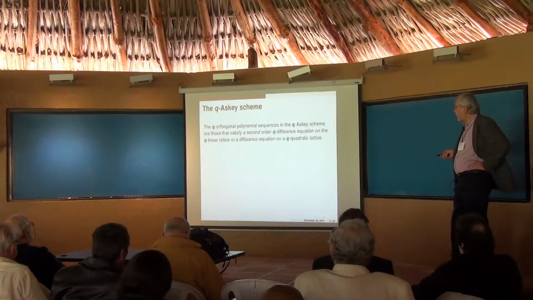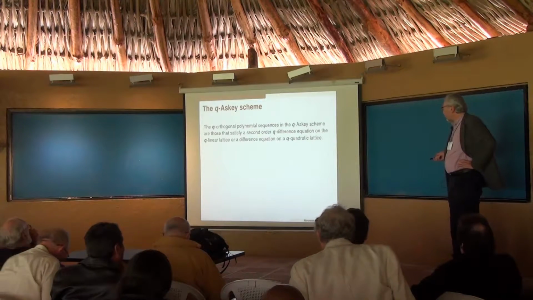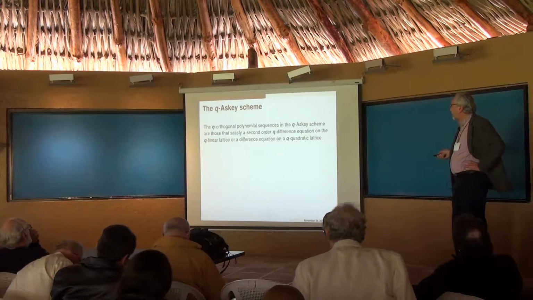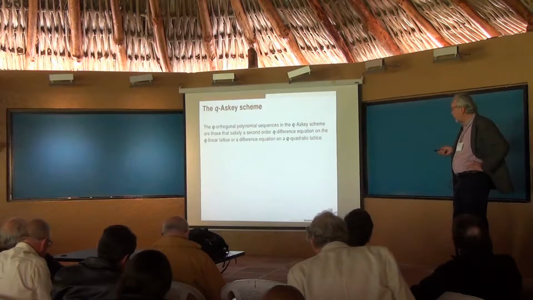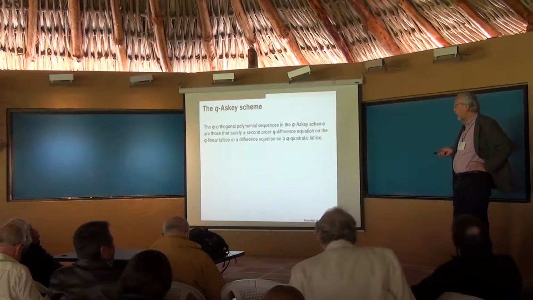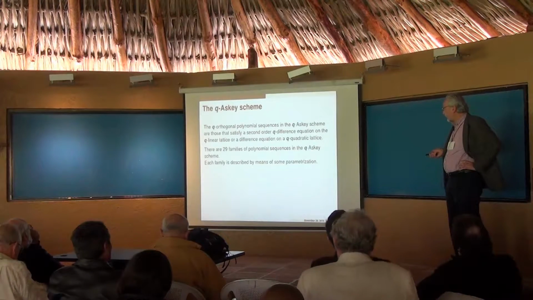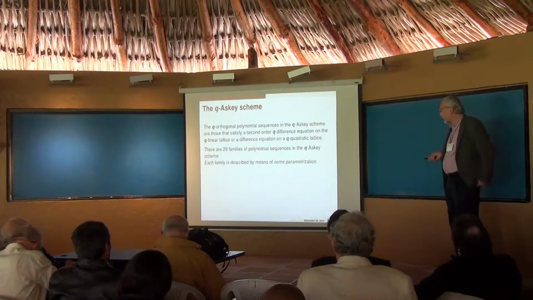The q-Askey scheme is described by a table of things that I'm going to show next. And those are the polynomials that satisfy Q difference equations either on the Q linear lattice or on some other lattices. And there are 29 families included there.